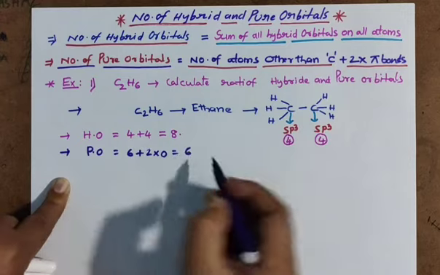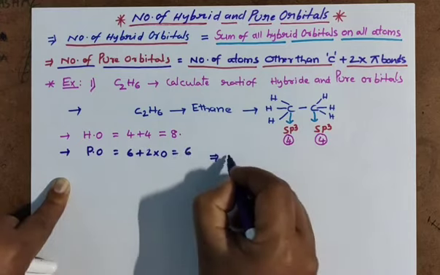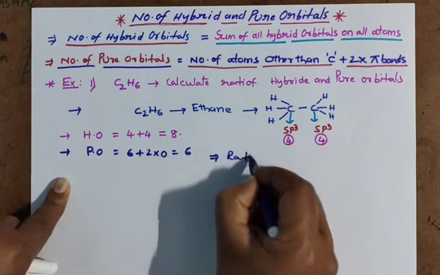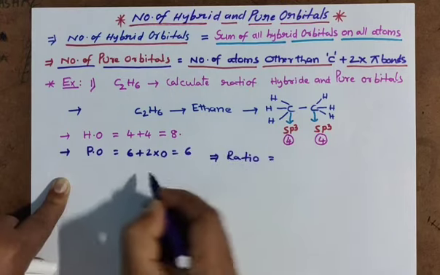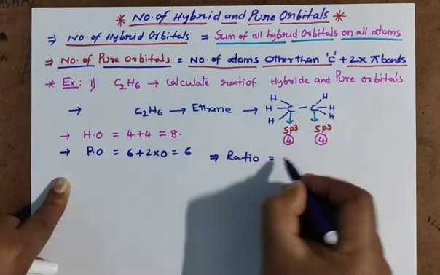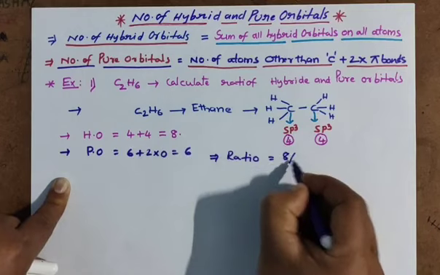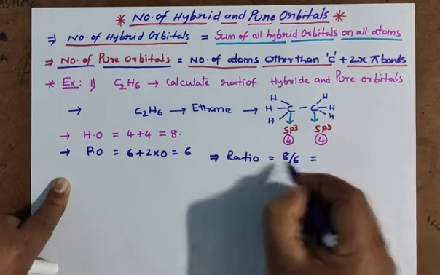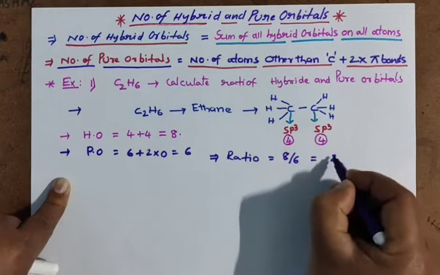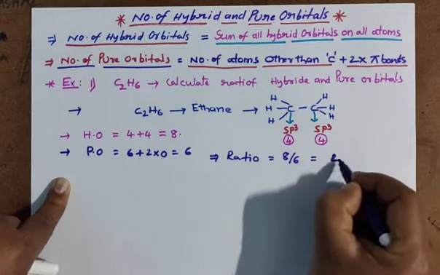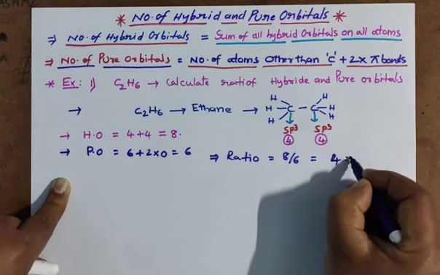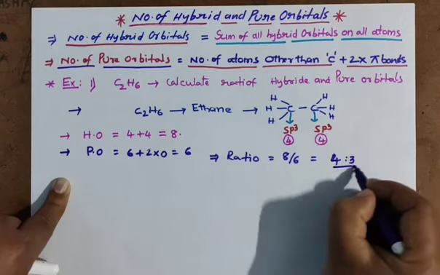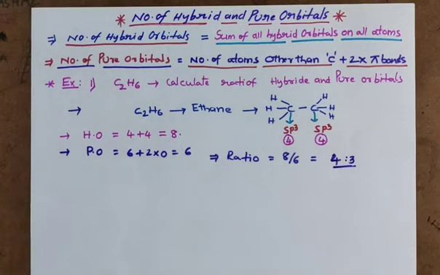So pure orbitals 6. That implies the ratio of hybrid orbitals and pure orbitals: hybrid orbitals 8, pure orbitals 6, that equals 4:3. So 4:3 is the ratio of hybrid and pure orbitals.